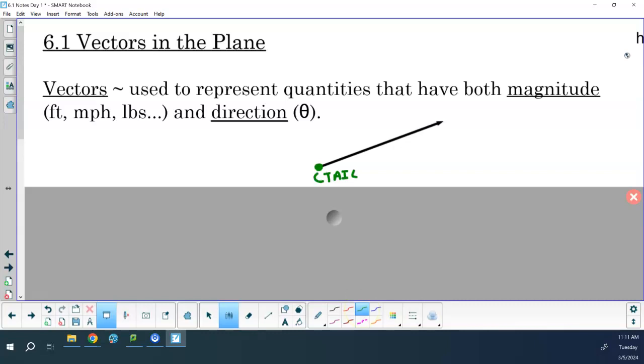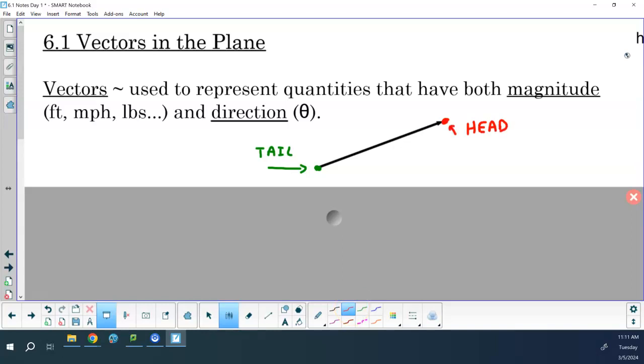That's the start of it. The tail is where it starts. And it has a head. That's where the arrowhead is.